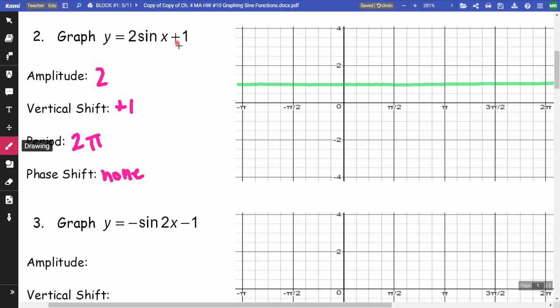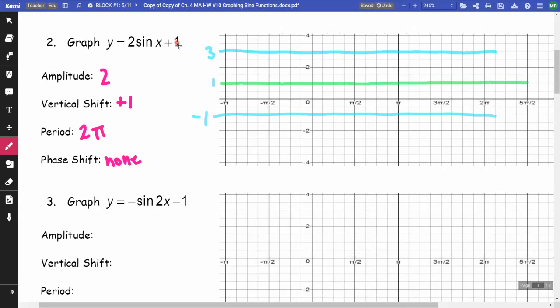My vertical shift, I'm sorry, it was 1. My amplitude is 2, so I'm going to go 2 above that. If I'm at a height of 1, I'm going to be going 2 above that, so I'm going to be up at 3. And I'm going to go 2 below that, so I'm going to be at 0 and then at -1. So I'm going to be down here at -1. That's kind of my high, my middle, my low.